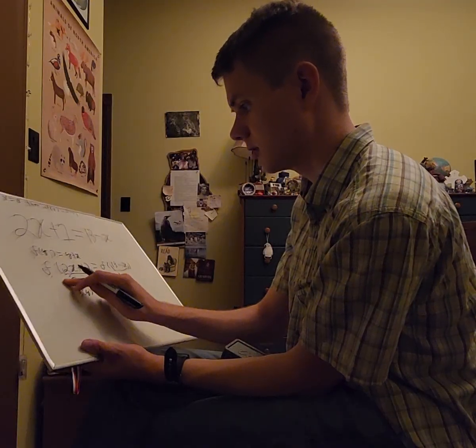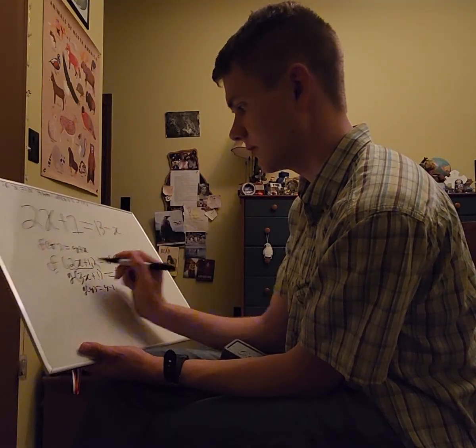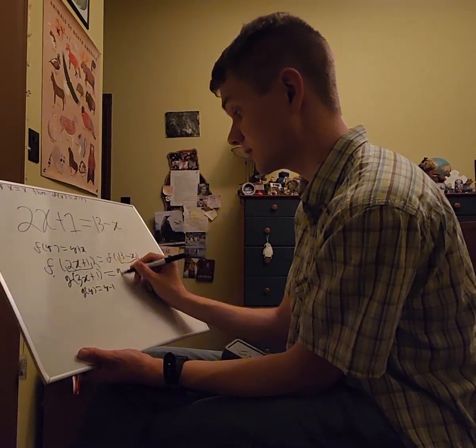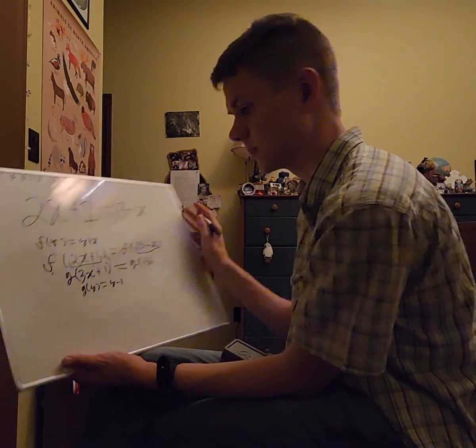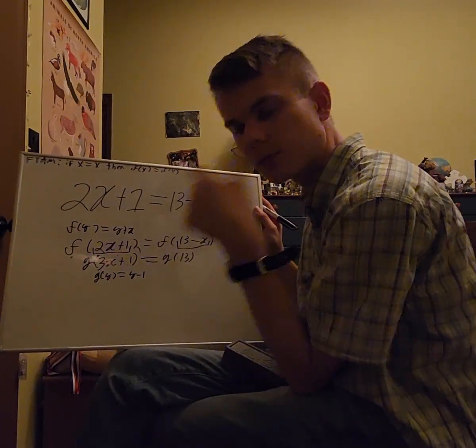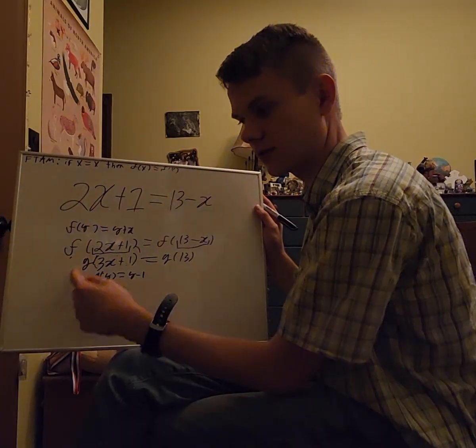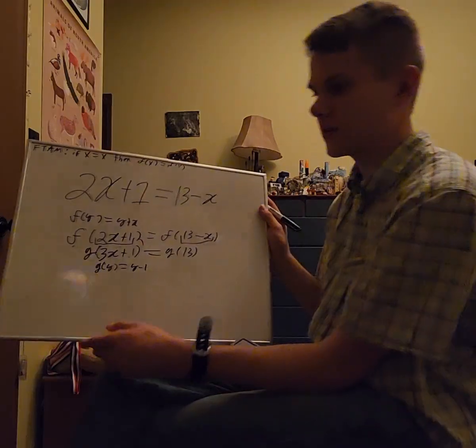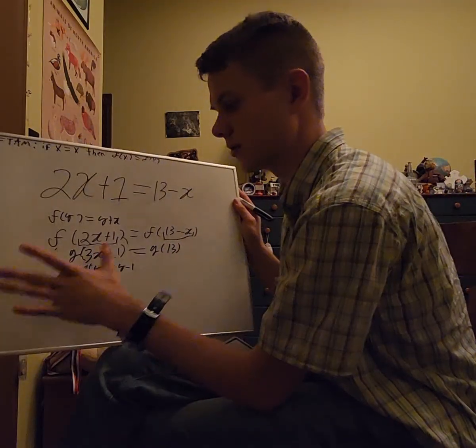So g(y), and g(3x plus 1) is equal to g(13). I'll just name it something else to hopefully not confuse you. You can apply as many functions as you want, but these are different functions because they do different things, which they do.